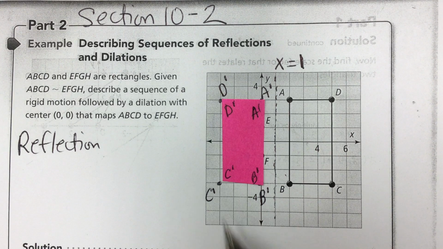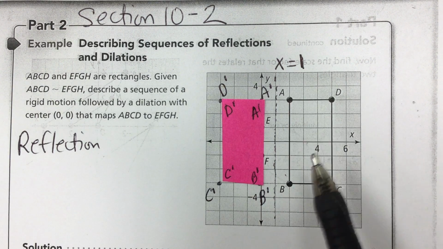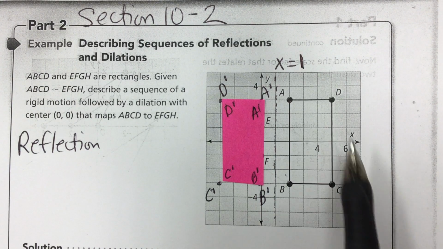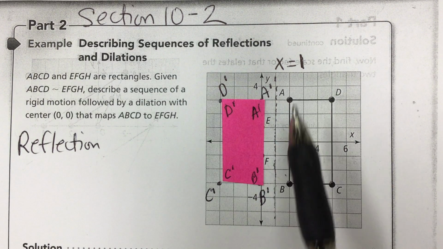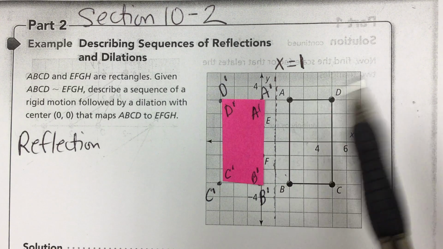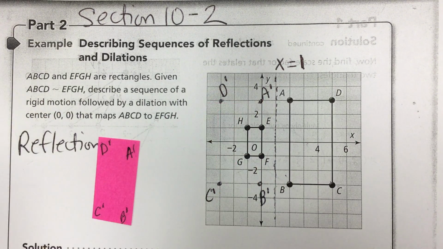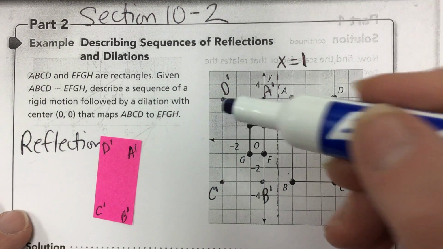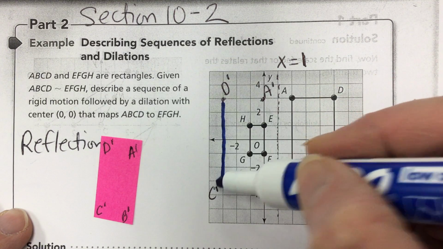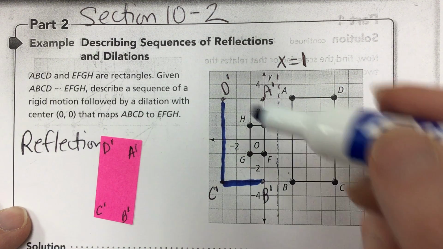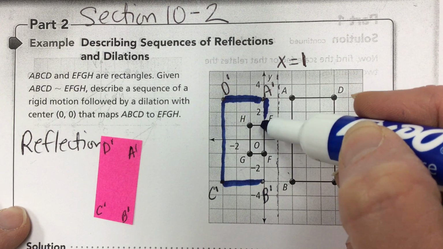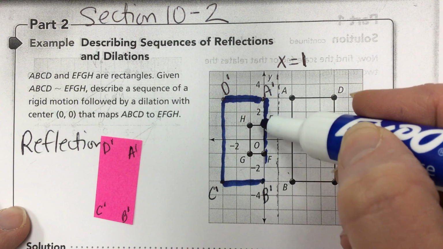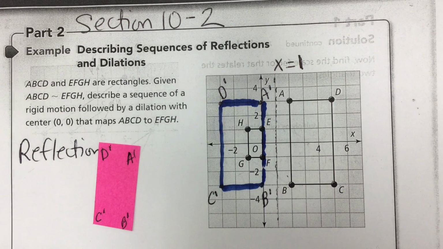So I have taken the original A, B, C, D and reflected it over my line of reflection, x equals 1. Now I'm going to draw it in blue, because this is my reflected rectangle, where you can see it.